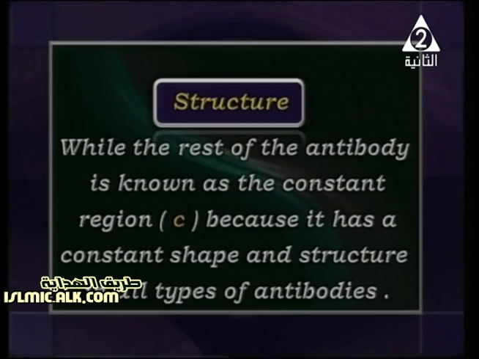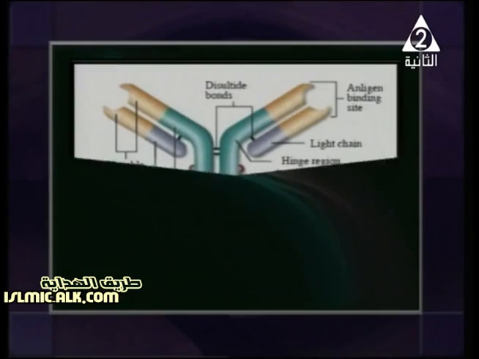Again, the antibody consists of two main parts. One is variable, we call it V, and the other is constant and doesn't change, and we call it C, or the constant region, because it has a constant shape and structure in all types of antibodies, contrary to the V region, which varies from antibody to antibody.